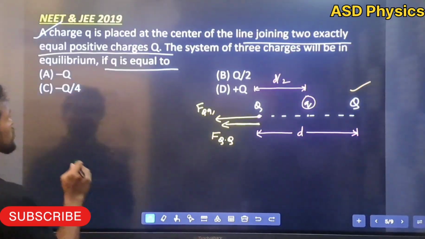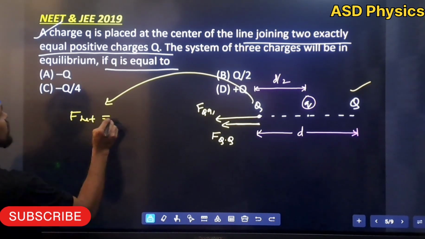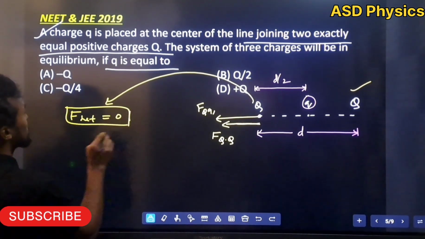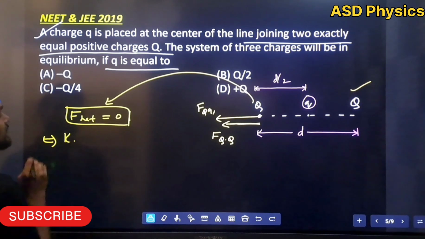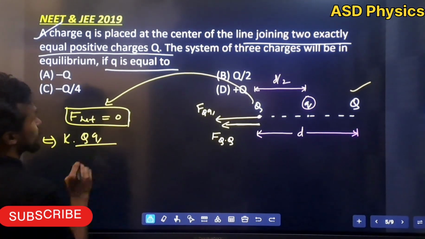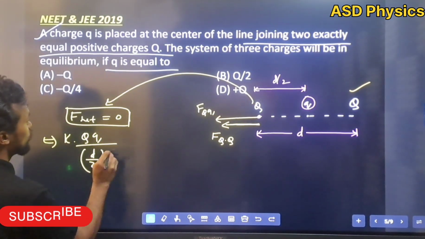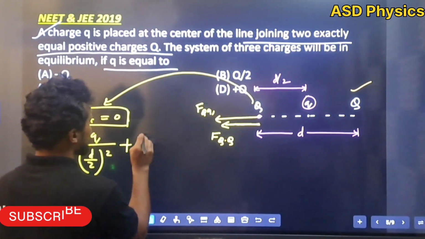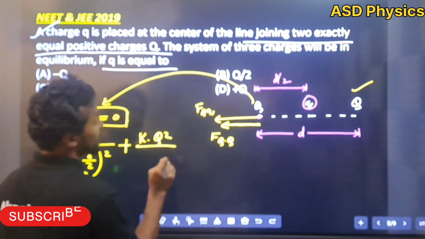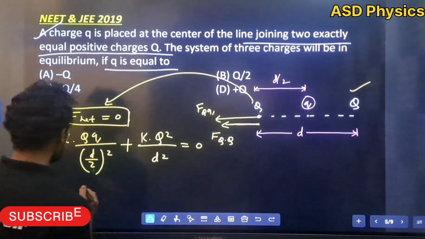So students, we know very well the net force on this charge should be 0. So let's write K, the proportionality constant, K capital Q into small q by the distance between capital Q and small q, d by 2 whole square, plus K Q square by the distance between capital Q and capital Q, d square, is equal to 0.